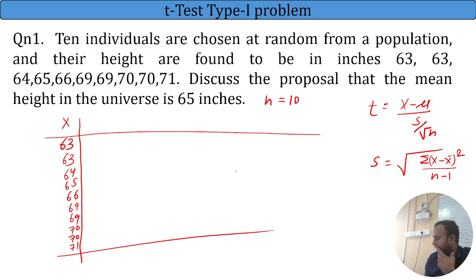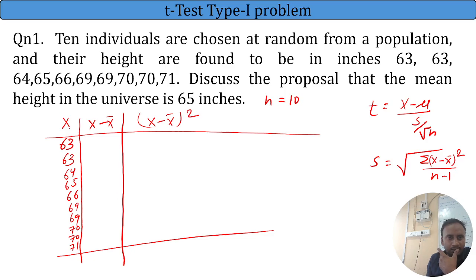If you're going to calculate the x bar, then x minus x bar, and then x minus x bar whole square. 63, 63, 3, 3, 6, 6, 4, 10, 5, 15, 21, 29, 30, 39, 40.